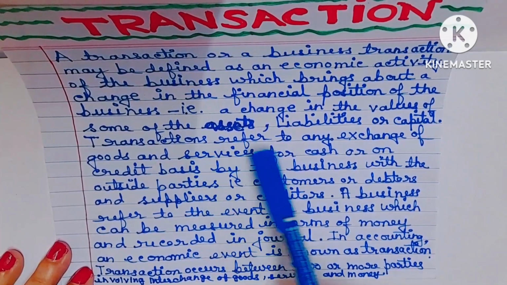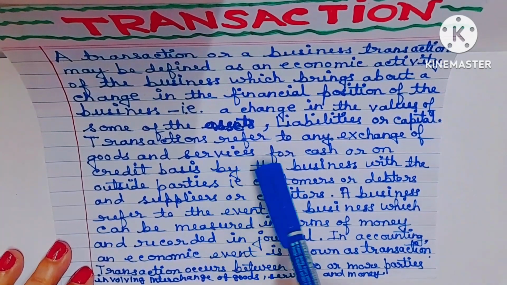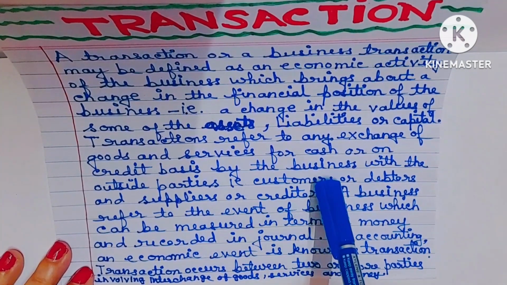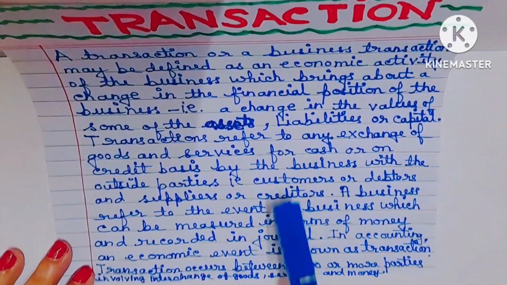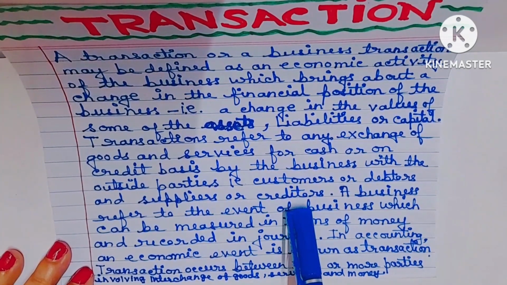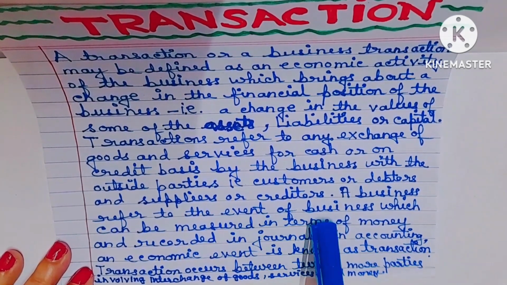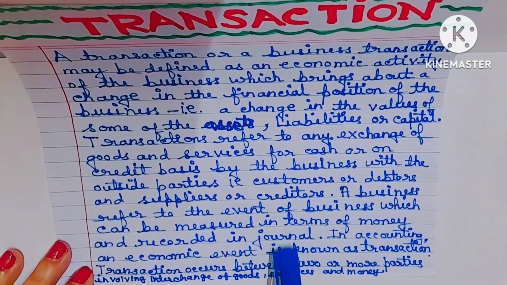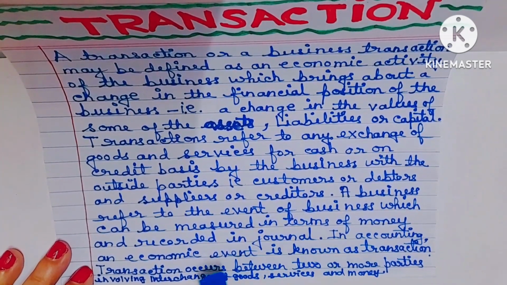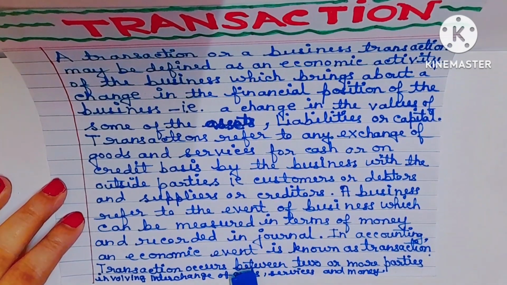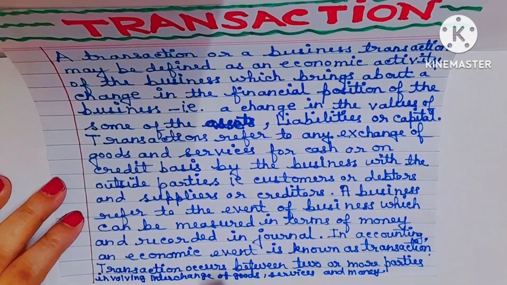Transactions refer to any exchange of goods and services for cash or on credit basis by the business with the outside parties, that is customers or debtors and suppliers or creditors. A transaction is an event of the business which can be measured in terms of money and recorded in journal. In accounting, an economic event is known as a transaction. A transaction occurs between two or more parties involving interchange of goods, services and money.